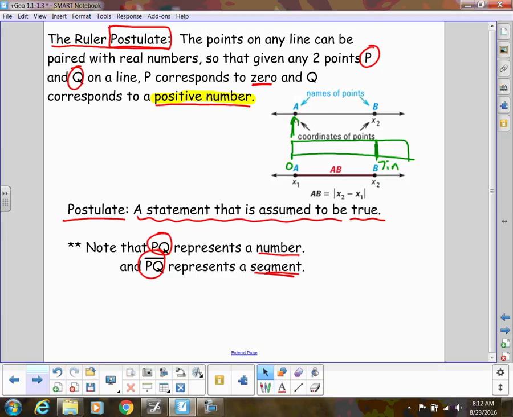Also keep in mind that this is talking about a positive number. So if we were measuring from B to A, so going backwards, I mean, if we were taking a ruler, we would line up the 0 on our ruler over here and then measure over here, okay, to get a positive number. Or you could just take the absolute value.